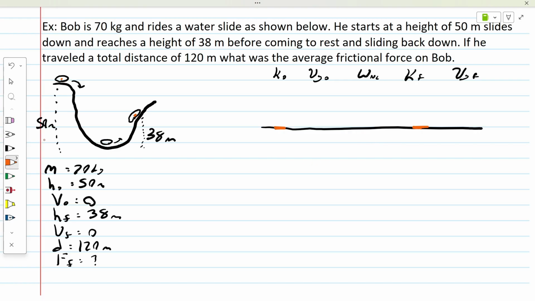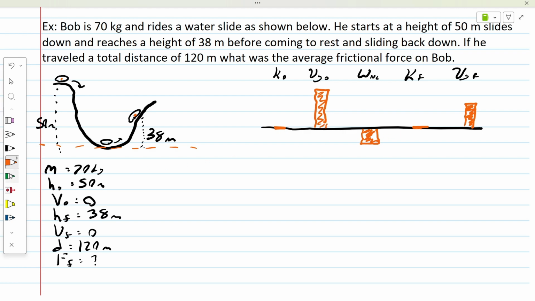But the potential energy starts at some high point of 50 meters and then reaches a final potential energy that's slightly lower but still above the reference point, which we will call the ground to make this easier. So we want to know the work, which must be some negative work that's taking energy away from the system. In this case, that's going to be the friction.